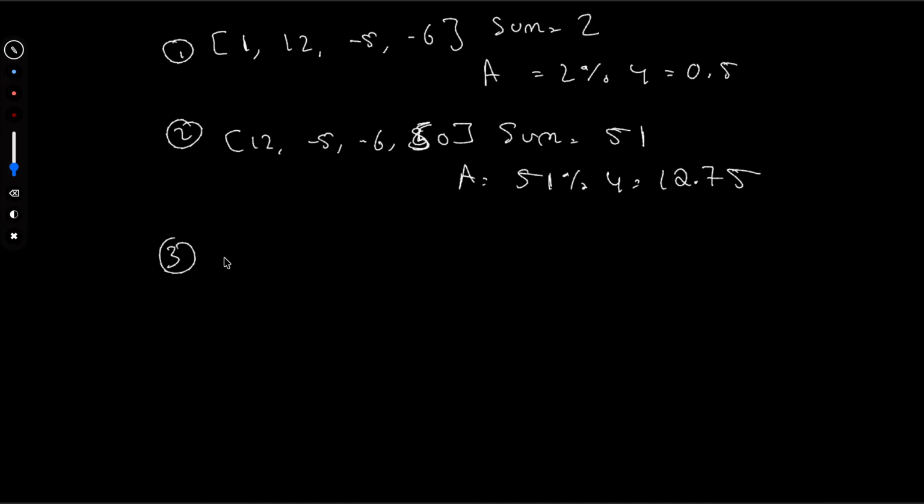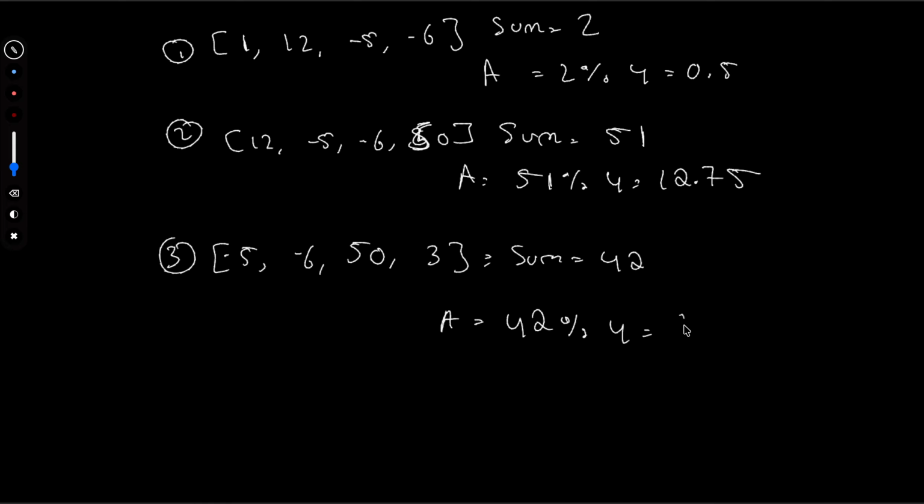And the third is -5, -6, 50 and 3. The sum of this is 42, and the average is 42 divided by 4, which is 10.5. In all of these the maximum average is 12.75, so we need to return this.